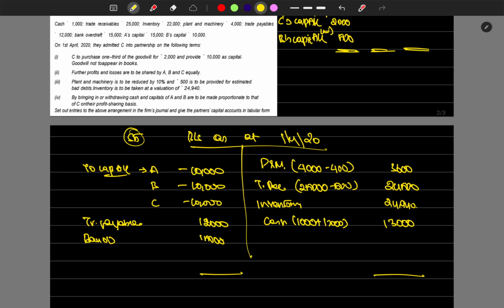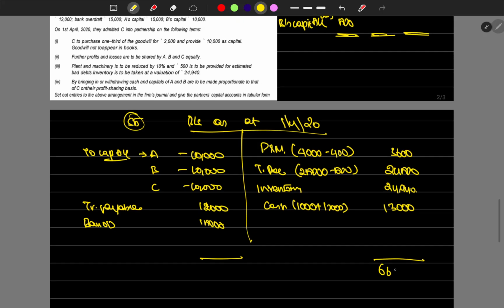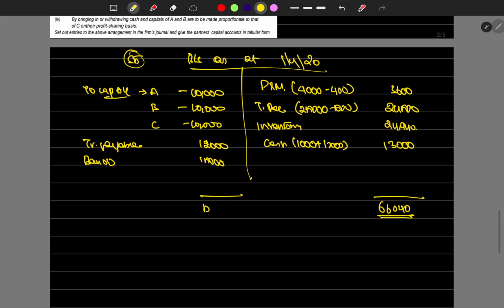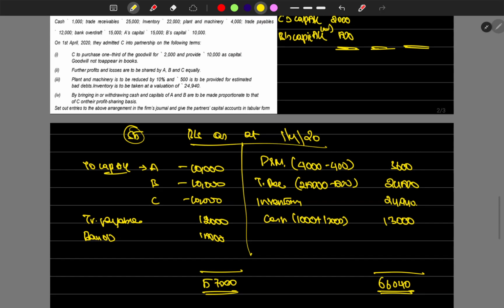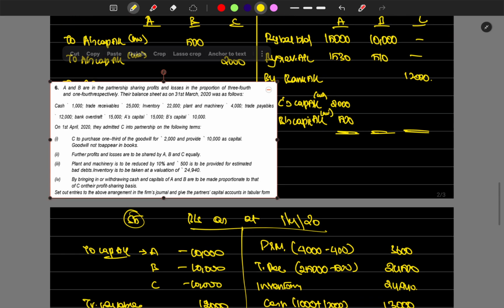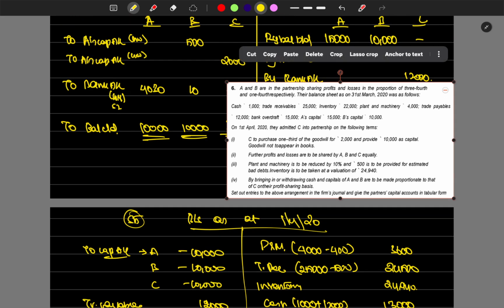Now 3,600 plus 24,500 plus 24,940 plus 13,000, which is 66,040 on the asset side. 30,000 plus 12,000 plus 15,000, which is 57,000 on the liability side. Okay, now let's see the difference, 9,040. Have we left any balance here?